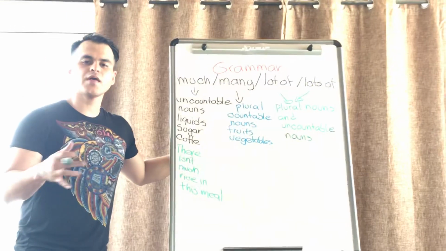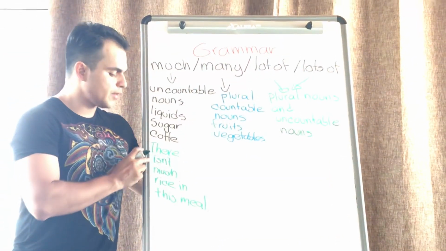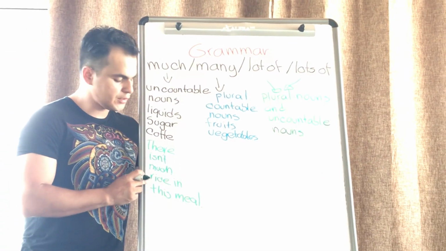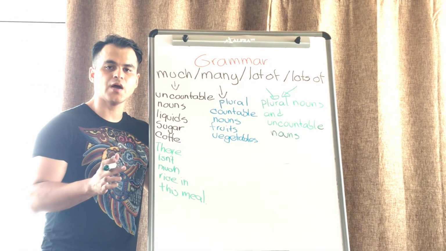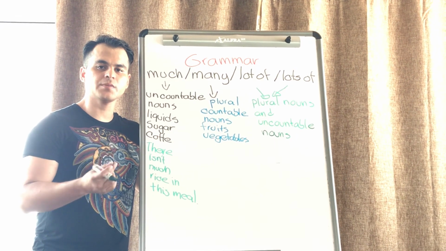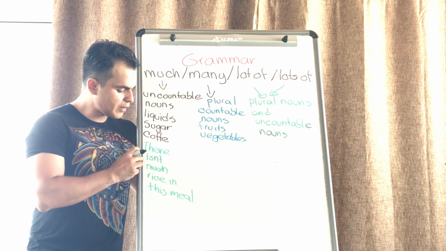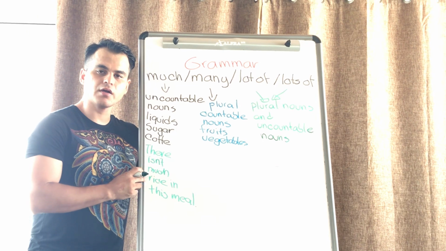Alright, now let's go to write another example. It will be there isn't much rice in this meal. Right? Talking about something that we can't count. Or there isn't much sugar in this coffee.